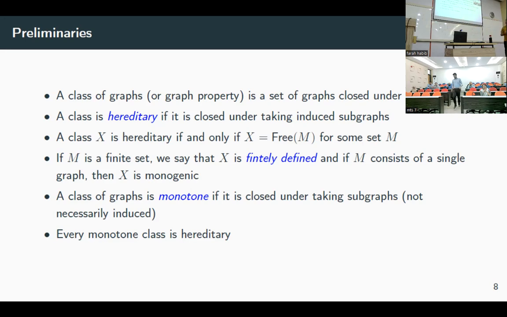We say that a class X is hereditary if and only if X is Free(M) for some set M. If M is finite, we say that X is finitely defined. And if M consists of a single graph, then X is called monogenic. So this is one type or class of graphs which I used in one of my results, which was about the, initially when I talked about this type.